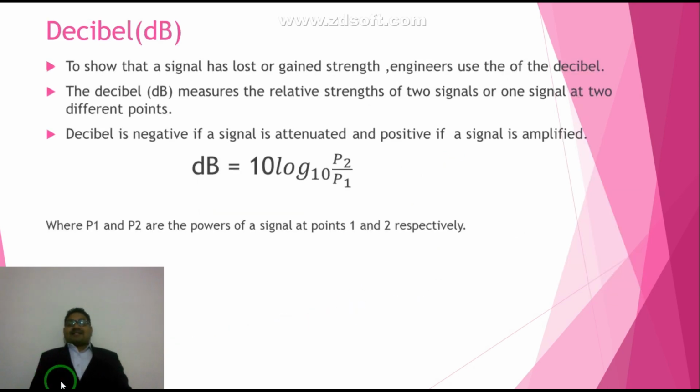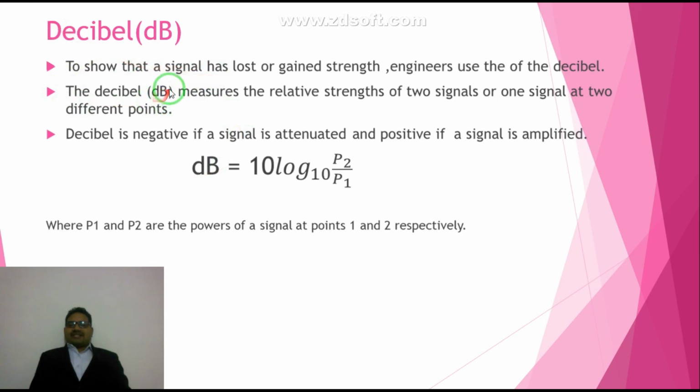Next, guys, decibel. Whenever we talk about a signal either losing its strength or gaining its strength, we engineers use a term called decibel. Decibel is the unit that measures the relative strength of two signals, or of one signal at two different points.